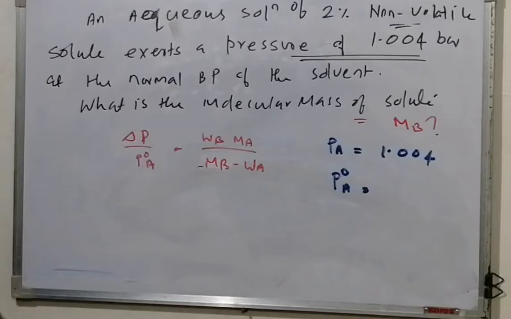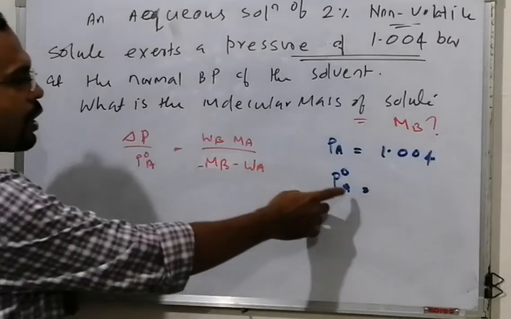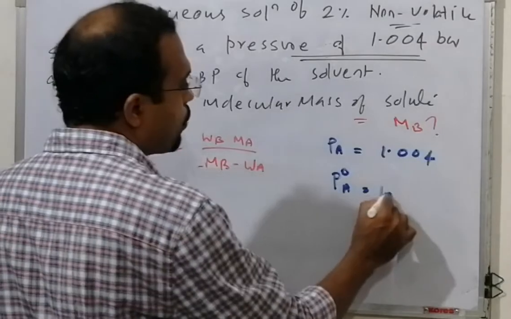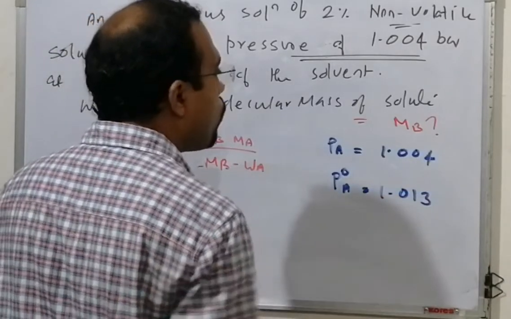What is the pure vapor pressure of water at the normal boiling point? What is P0A? That is 1.013. You have to learn it by heart.